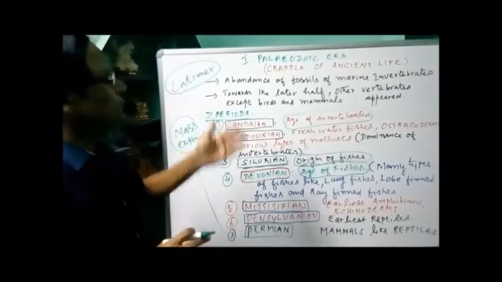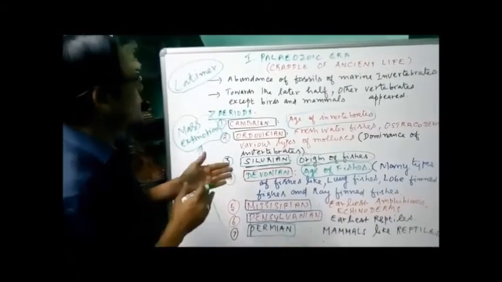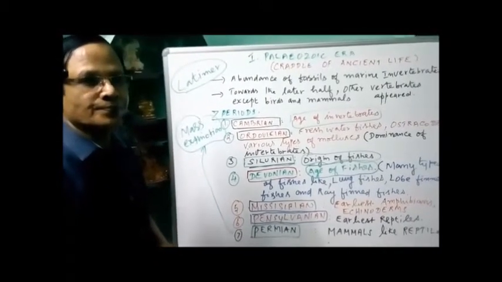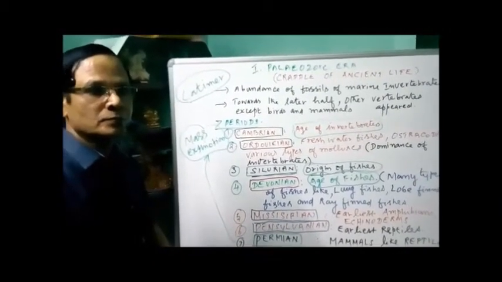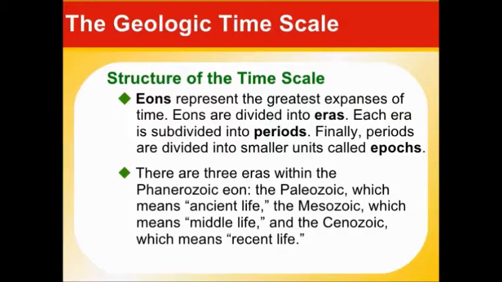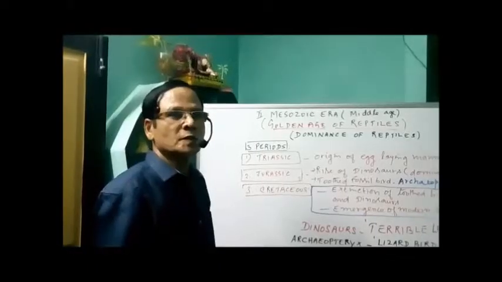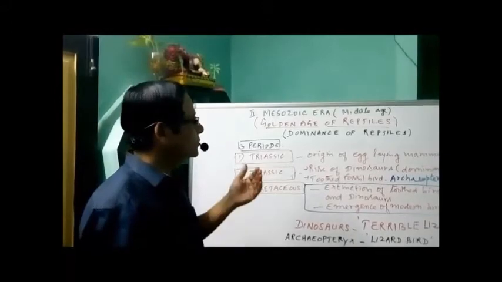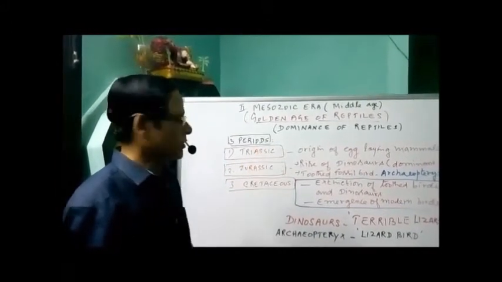That's about the Paleozoic era. We have to pass on to the next one, the Middle Age, the Mesozoic era. The second era is the Mesozoic era that refers to the Middle Age.